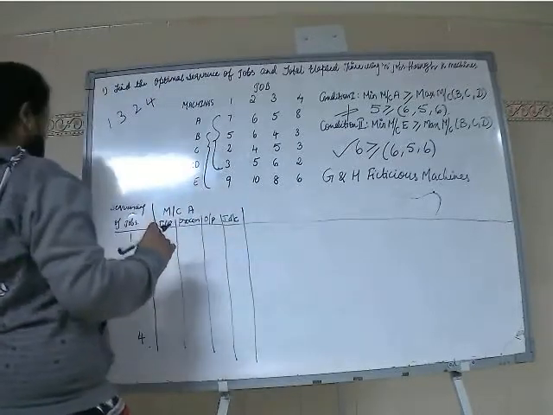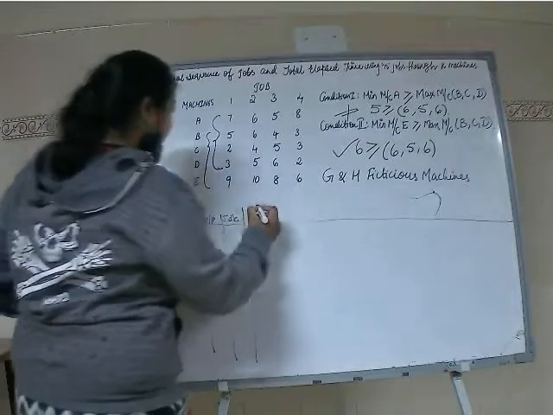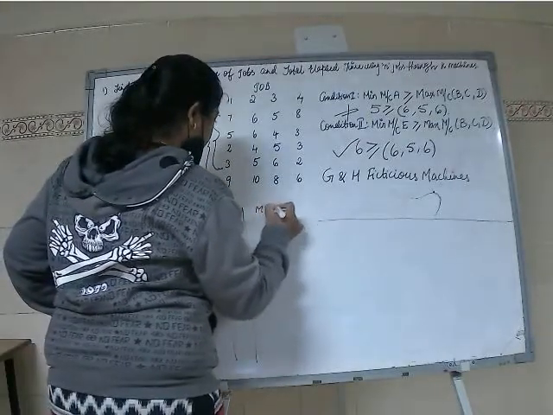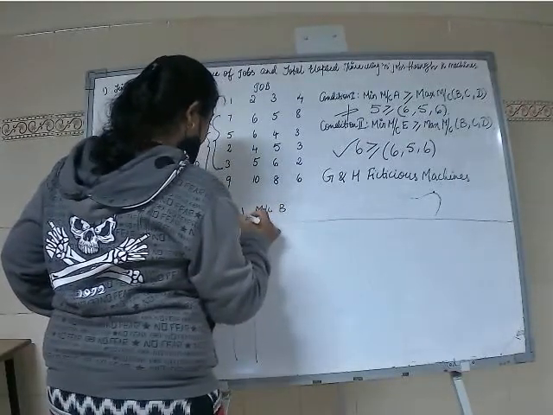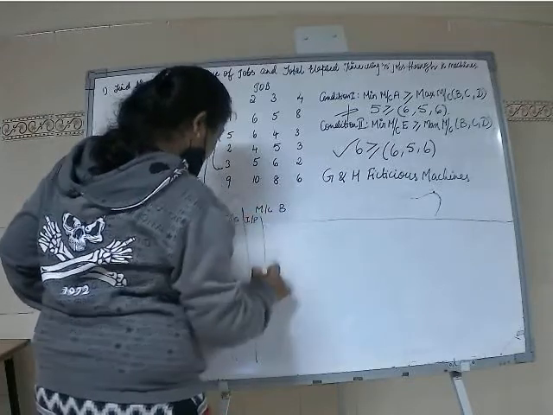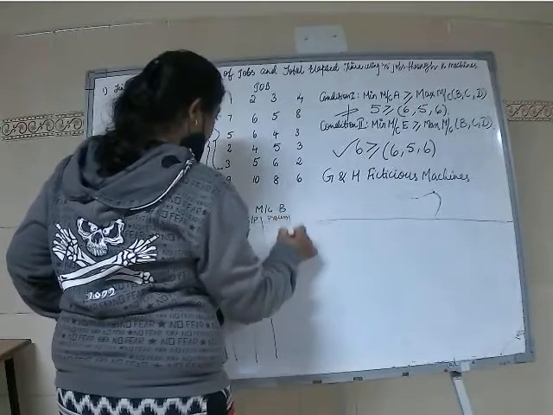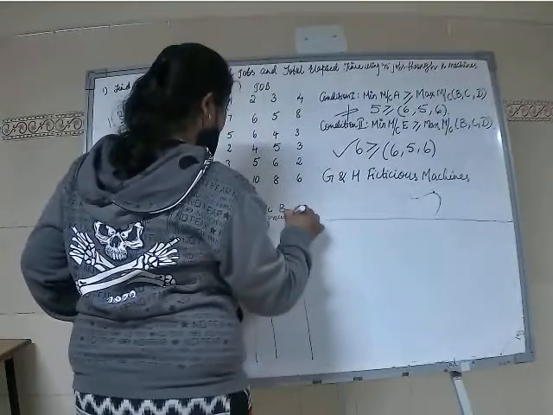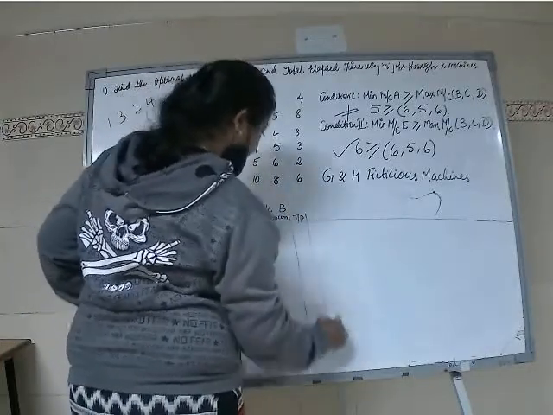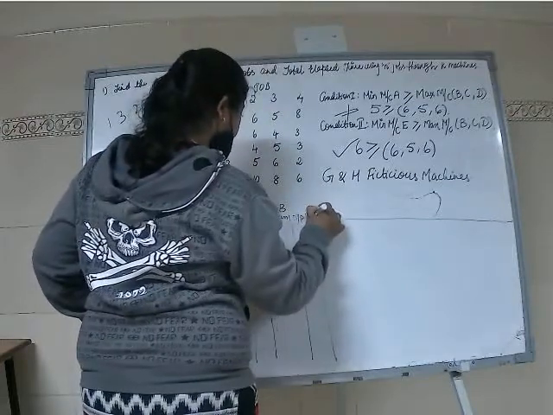Similarly, you need to find for the other machines. This is machine B: input, process, output and idle value.